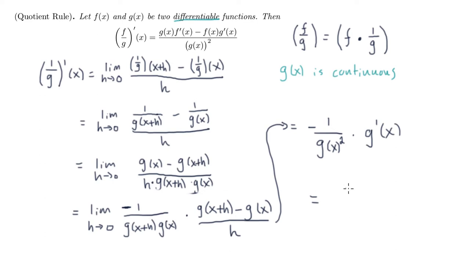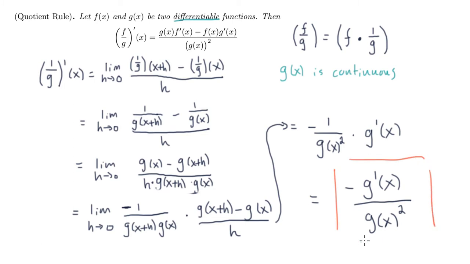So I can write this as just g prime of x divided by g of x squared. And if you just apply the product rule, f times 1 over g, then you'll see you'll get exactly the formula that we have in the quotient rule.